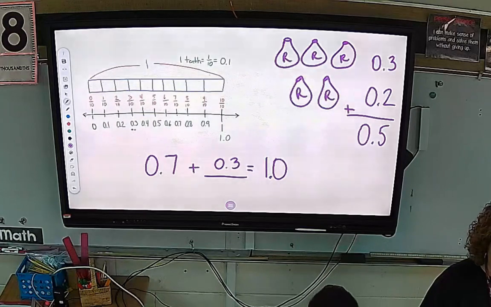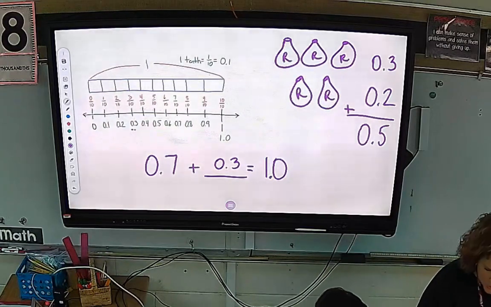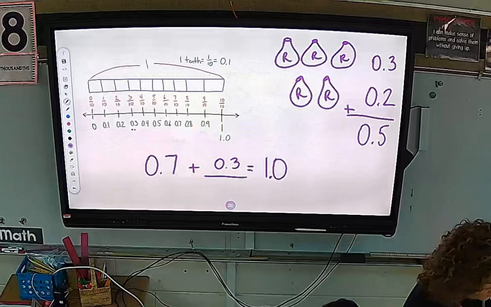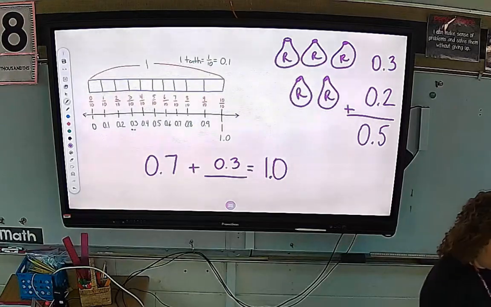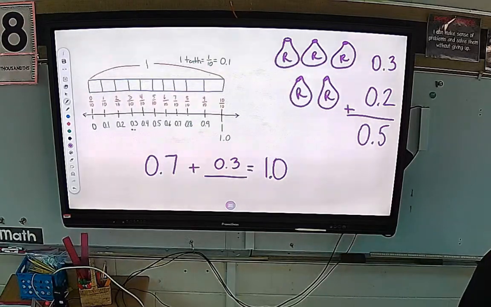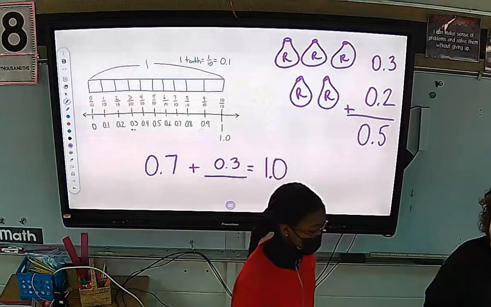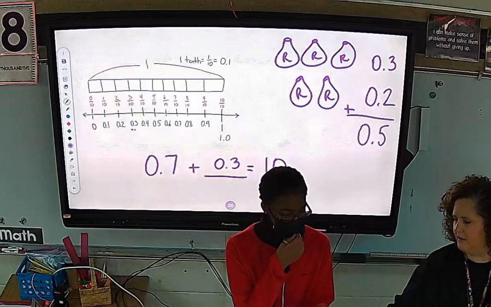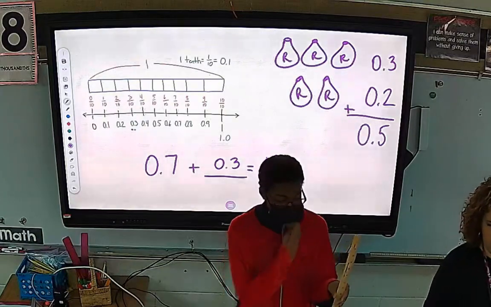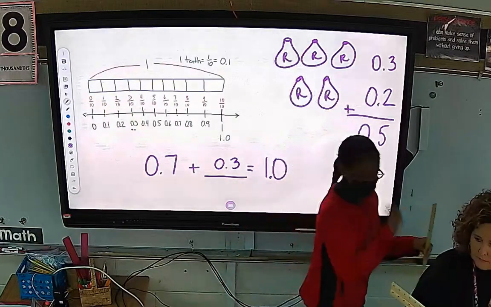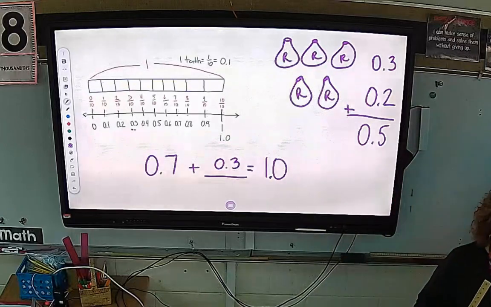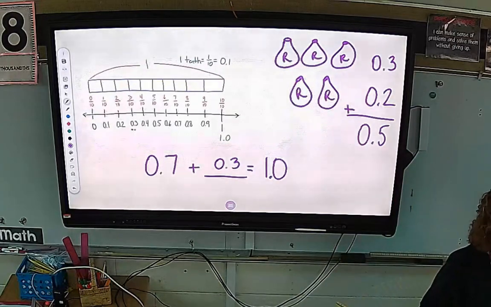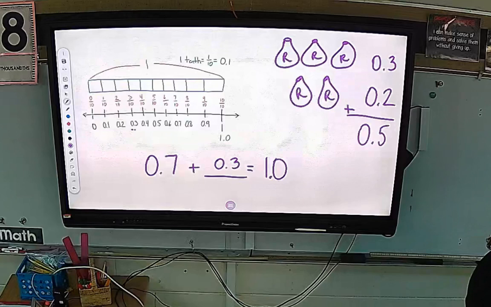All right. So you're going to use this side. Okay. All right. Y'all working together. You're going to use that side. Count by 10. Okay. Who are you working with? You're going to use that side that's counting by 10s, and I'll make sure you're working. Now, I've already got somebody working by themselves, so everybody else needs to have a partner. Okay. Y'all are working together. So use that side that's counting by 10s.